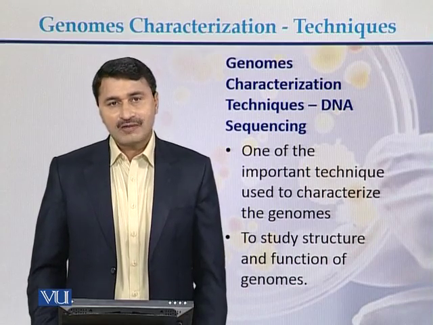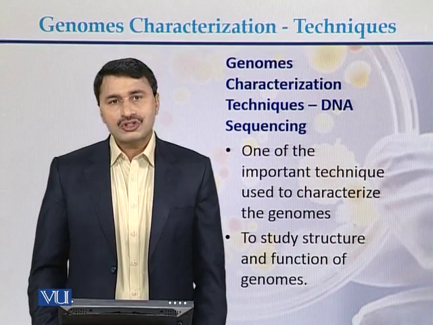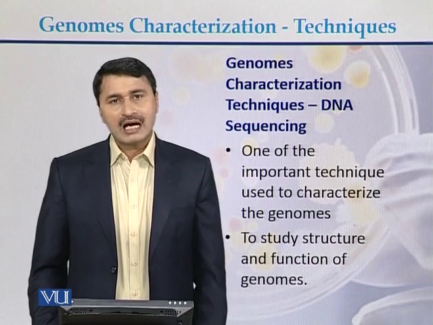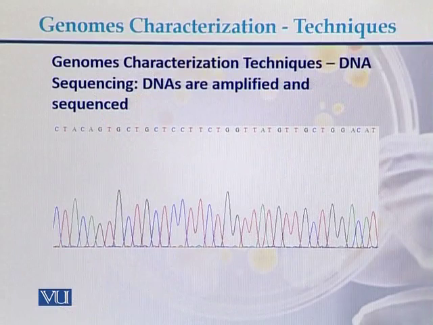This technique was actually used to sequence the DNA or the genomes and to study the structure and function of the genomes. This is the chromatogram showing how DNA or the genomes, when they were sequenced, give us the sequencing results. So in DNA sequencing, DNA is amplified and sequenced.